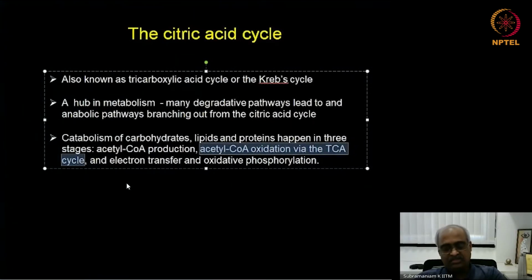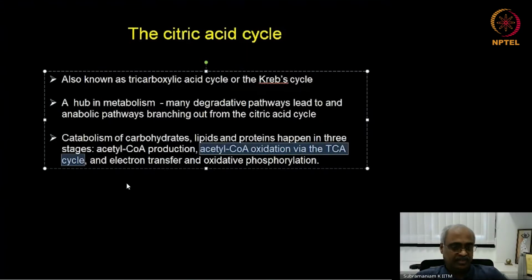So here the ultimate molecule that is going to take up this is oxygen, that is going to become water, and the electron flows from glucose if we are talking about the glycolytic pathway. So at least we can take acetyl-CoA, which is common. Okay, so this is what is happening.